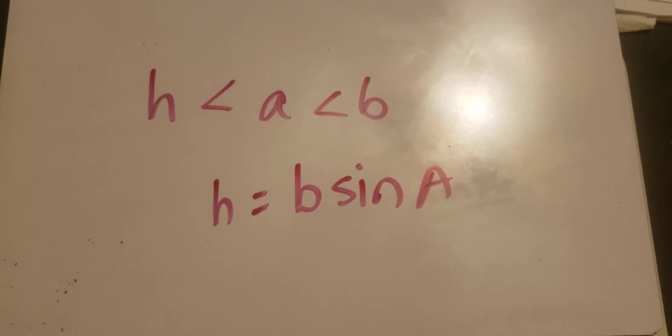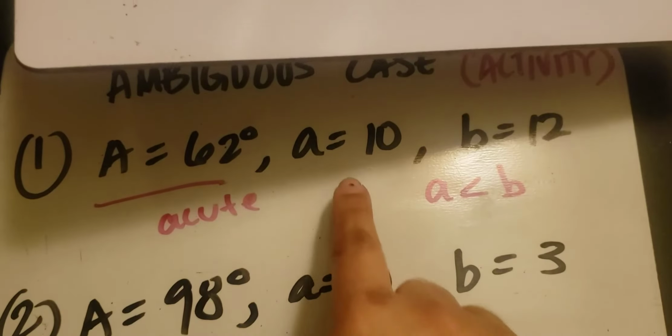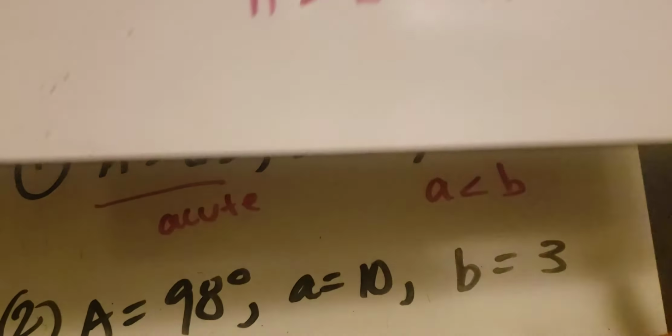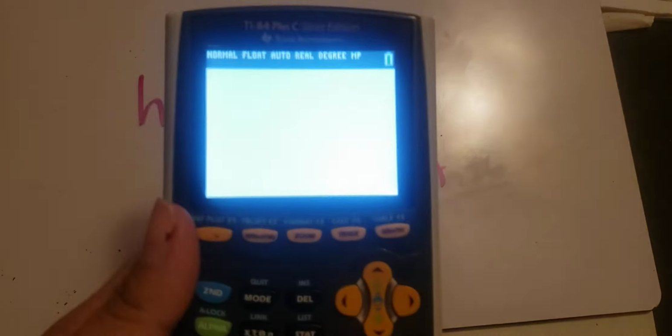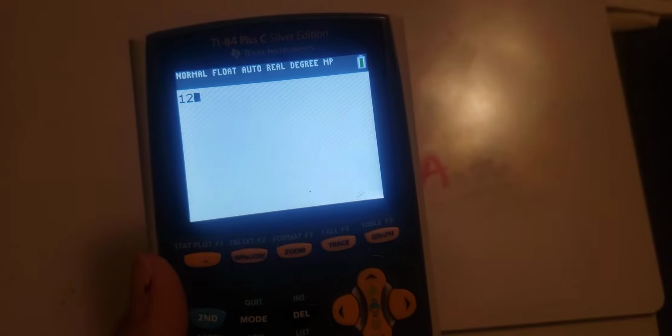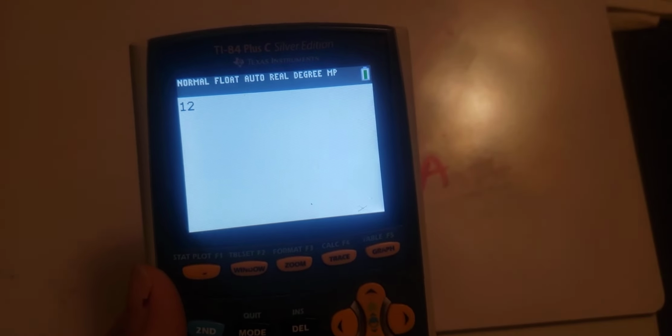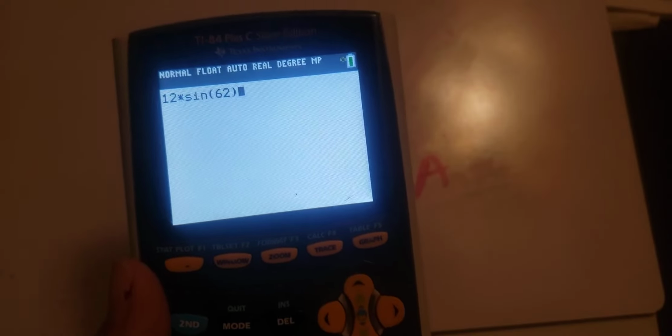So in your example, A is 10, B is 12, and A is 62. So then to figure out what H is, all we're going to do is write 12 times sine of A, and A is 62 degrees.